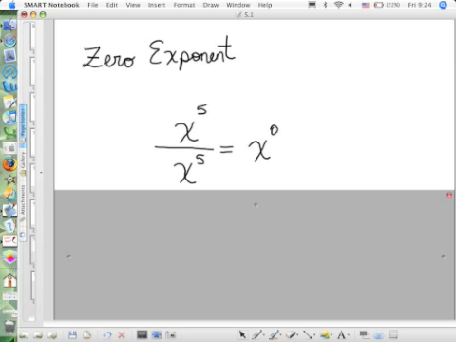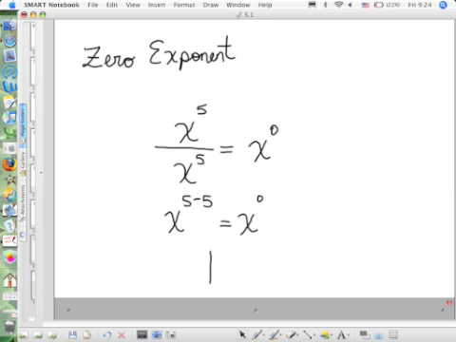So if this is x to the 0 power and we know it's 1, then x to the 0 power must be 1. Well, guess what? Anything to the 0 power is 1 because a 0 exponent means that you just took something and divided it by itself. Okay? Yes. It's 1. Watch.